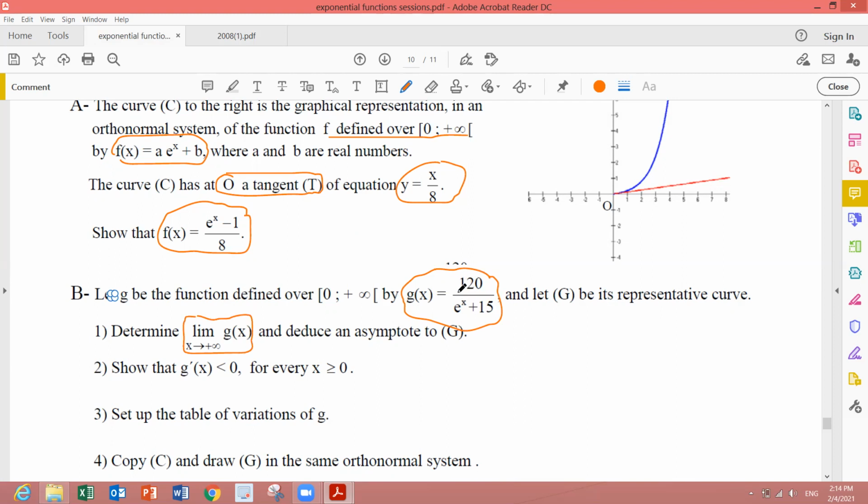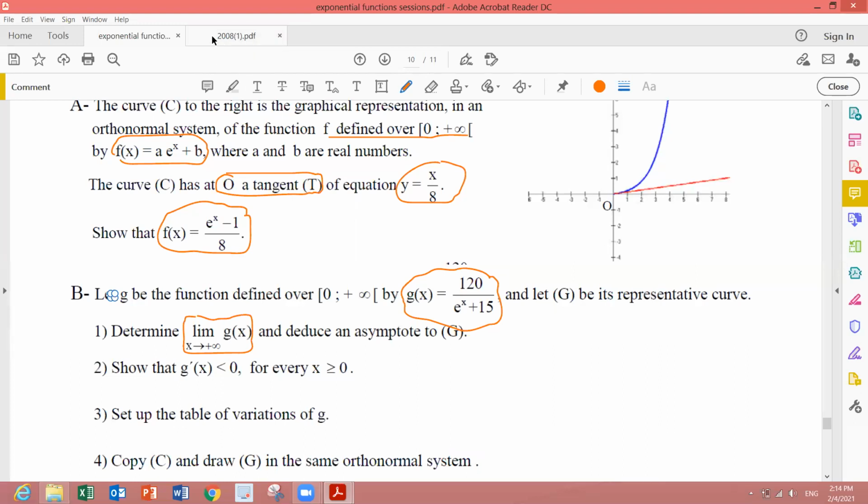What's the limit as x tends to plus infinity? إذا حطينا محل x plus infinity. How much is e to the infinity? Infinity.